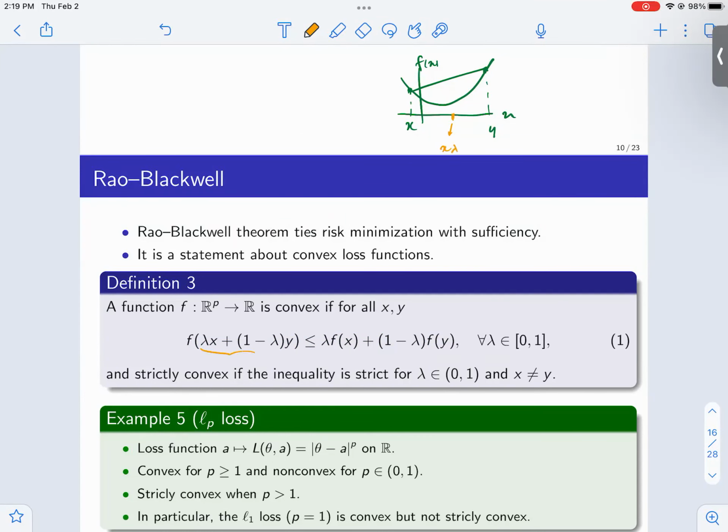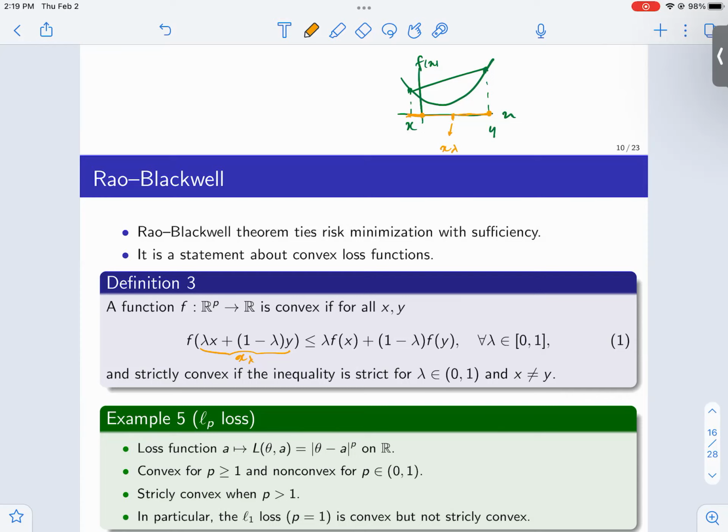This is called the convex combination of X and Y, where lambda is a number between 0 and 1. As I vary lambda from 0 to 1, at 0 it would be Y, and then moves towards X. So it just traverses this entire interval.